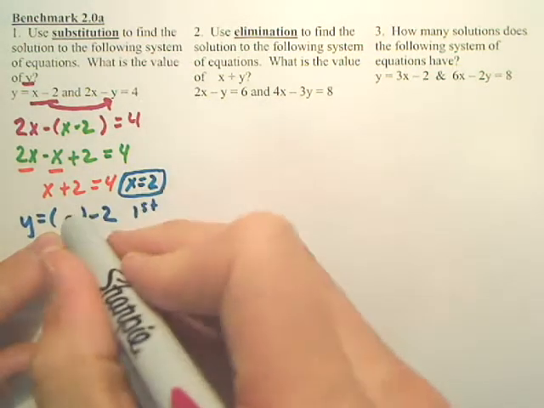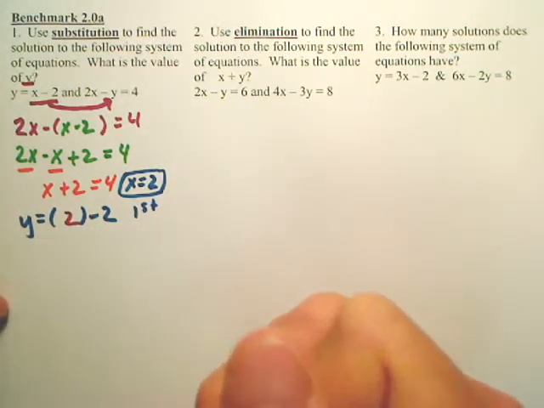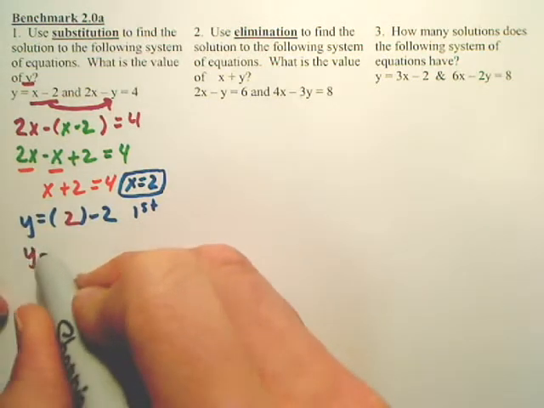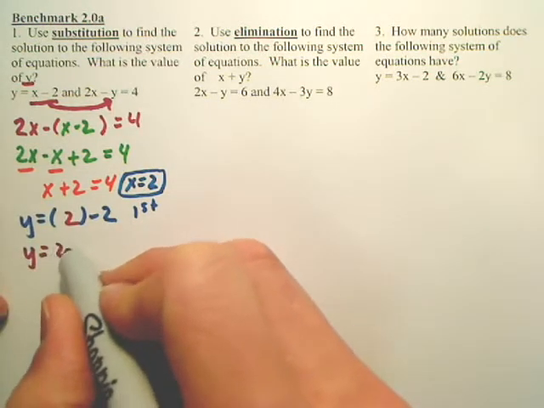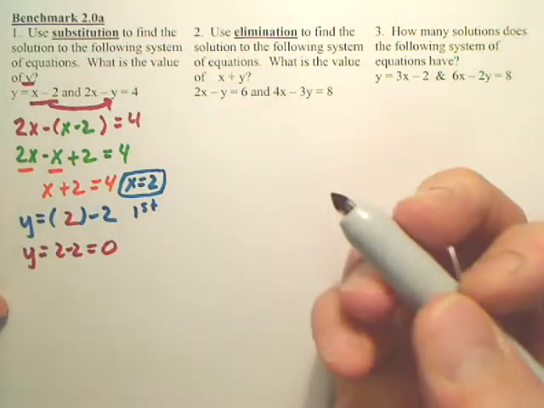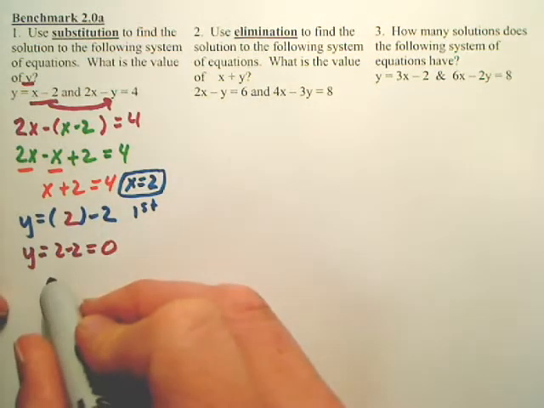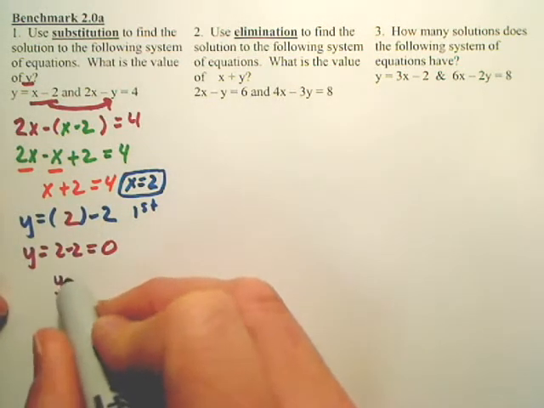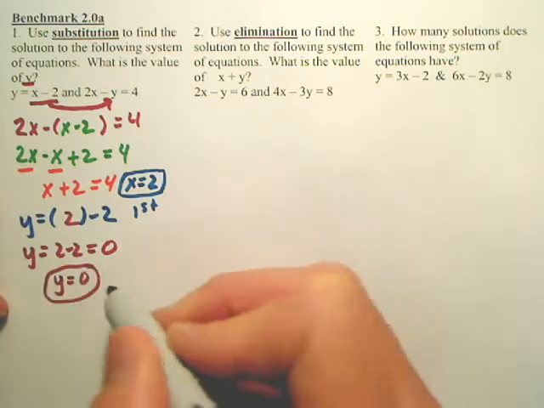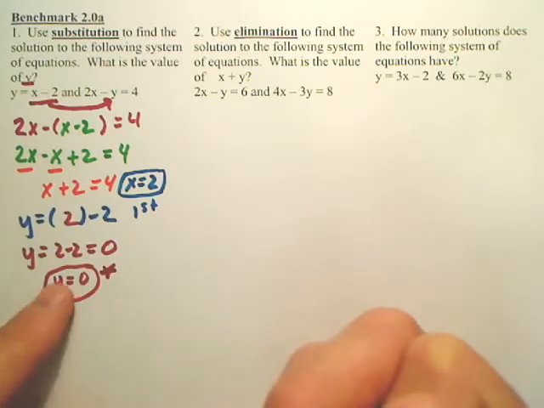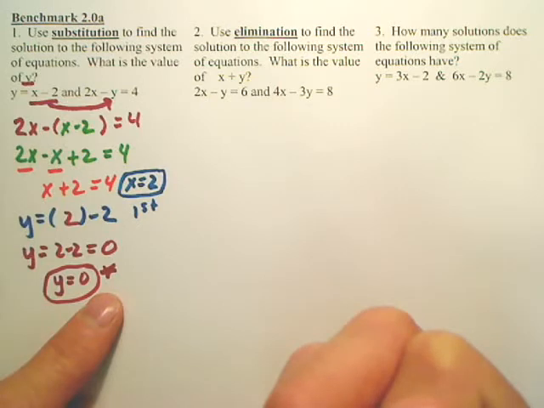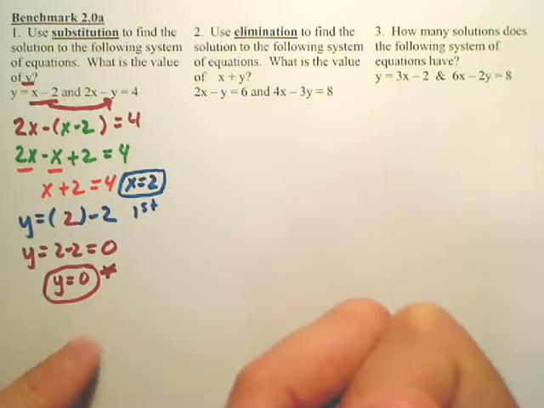I'm going to plug in 2. So I get y equals 2 minus 2, which is 0. So my answer basically is y equals 0. And that's what it's asking for. Sometimes questions will ask for both x and y, sometimes just one. Read the question.